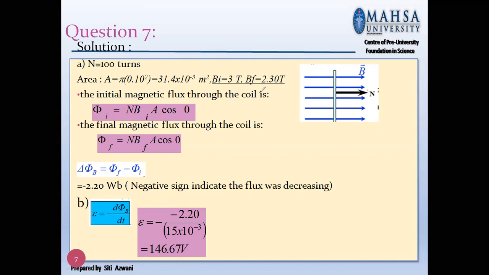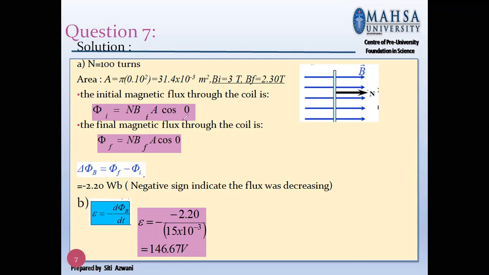So here, how to calculate the magnetic flux? Again, you need to apply the formula. By applying the formula of the magnetic flux, NBA cos angle. Now the angle is equal to 0 because the normal of your plane is parallel to B. So the angle between N and B is equal to 0.